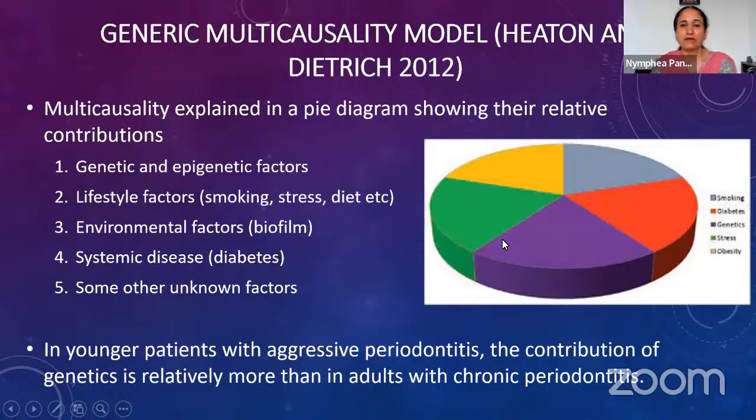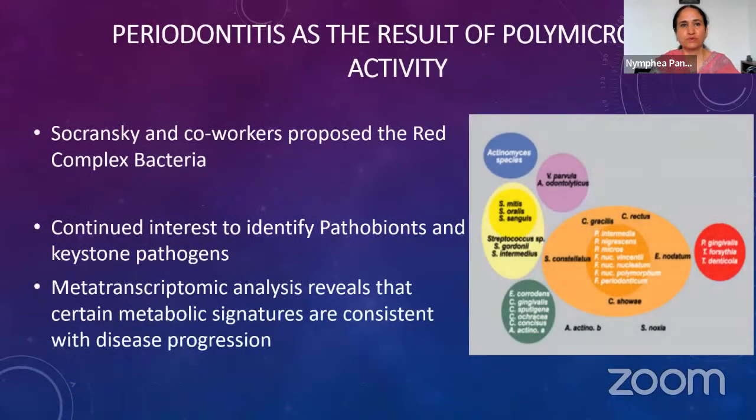If we look at this pie diagram, we can easily find out that what was previously called aggressive periodontitis will have a bigger genetic component. So we can have a bigger pie from the genetic component in people who have either the aggressive, or what we now call very severely or rapidly progressing, periodontitis. In those patients, we could make a pie diagram according to the contribution from each of these.